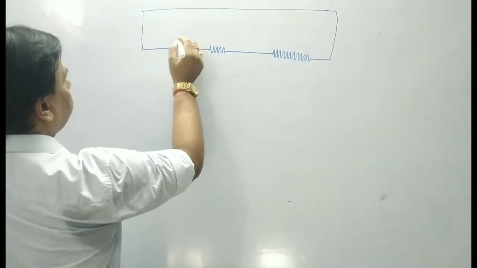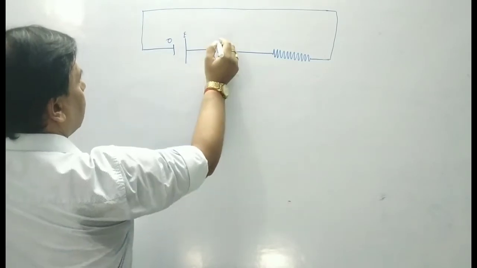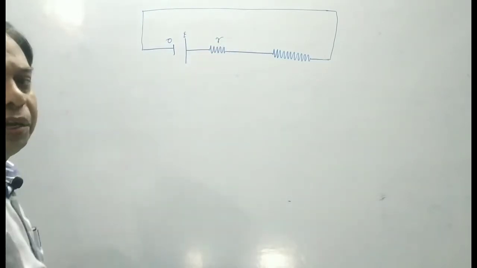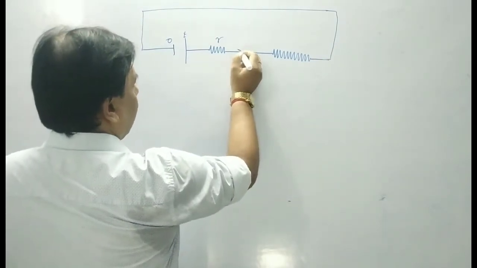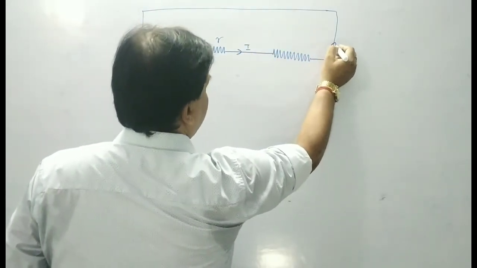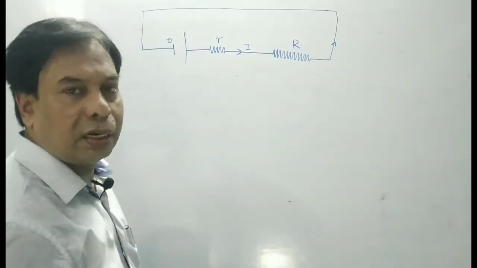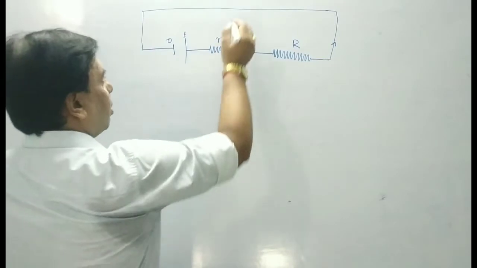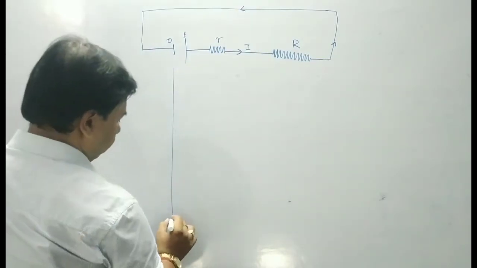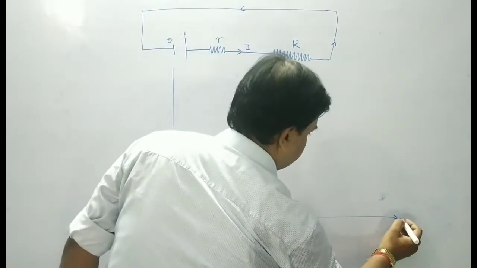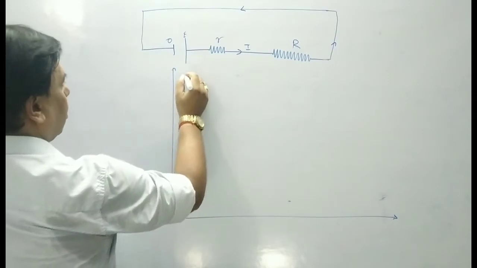This is E, zero potential, E. This is the internal resistance of the cell, the small r, current I is flowing through it, and this is the external resistance R connected to the circuit. Now what we see? Let us draw the graph.